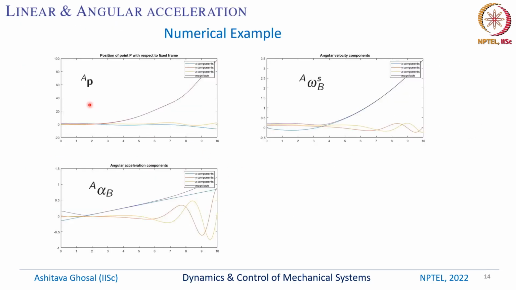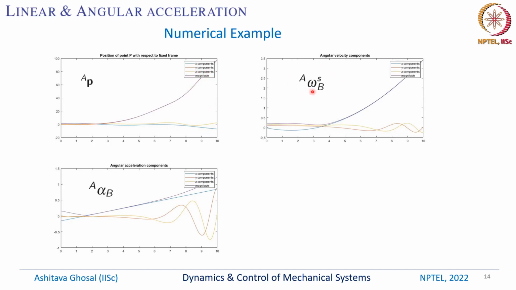We can also plot each one of these components. So the position vector in the A coordinate system can be given by these plots. The plots are of the X component, which is blue, red, which is the Y component, and yellow is the Z component. So you can see that we can get these plots.